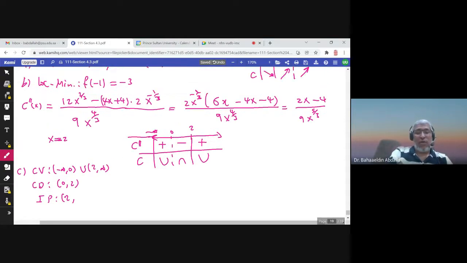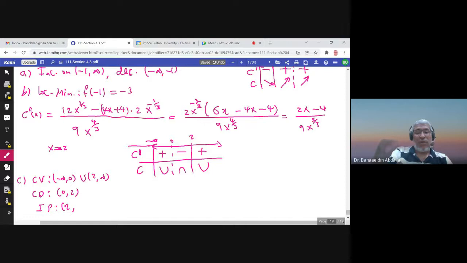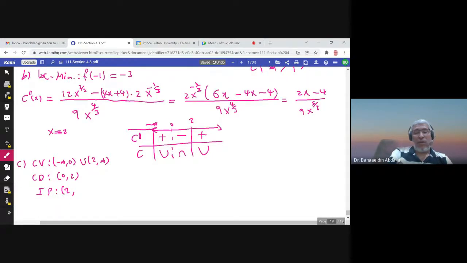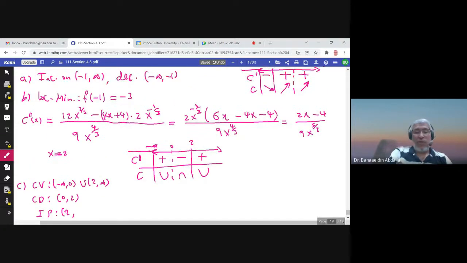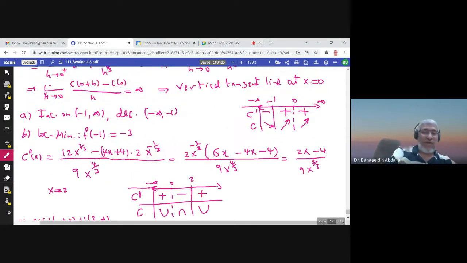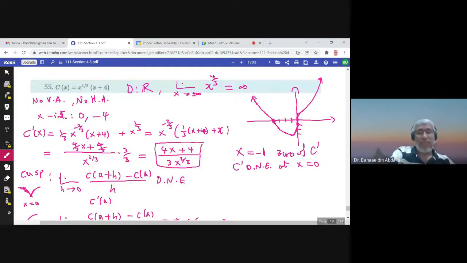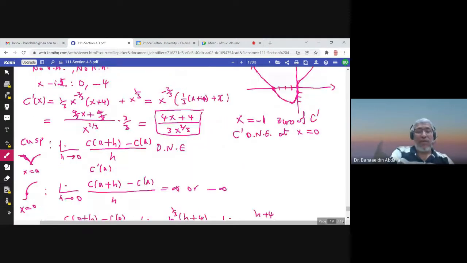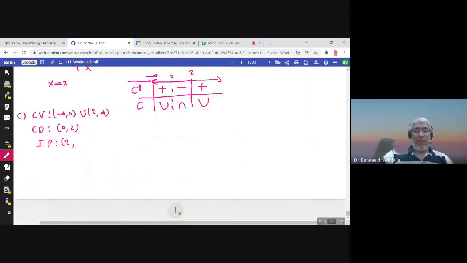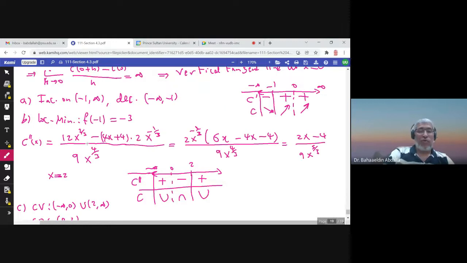So at 2, let me find f of 2 or c of 2. It is 2 to the power 1 over 3 times 6. So it's 6 times 2 to the power 1 over 3, or 6 times cube root of 2.